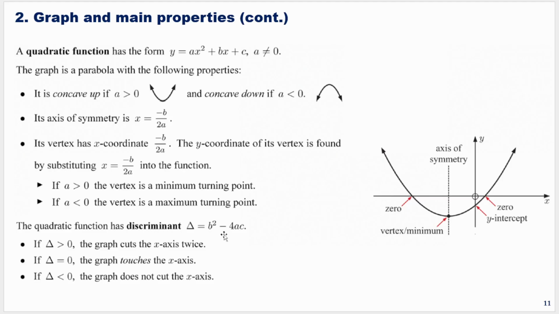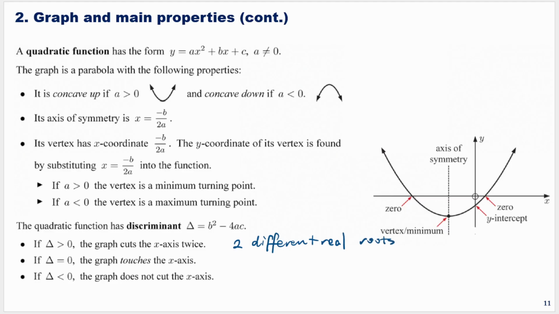And discriminant, you know this, right? b squared minus 4ac. That determines what type of roots you have. In that case, you have two different real roots, right?